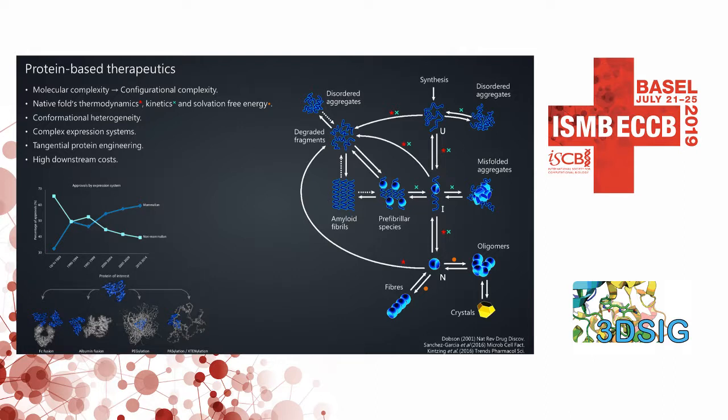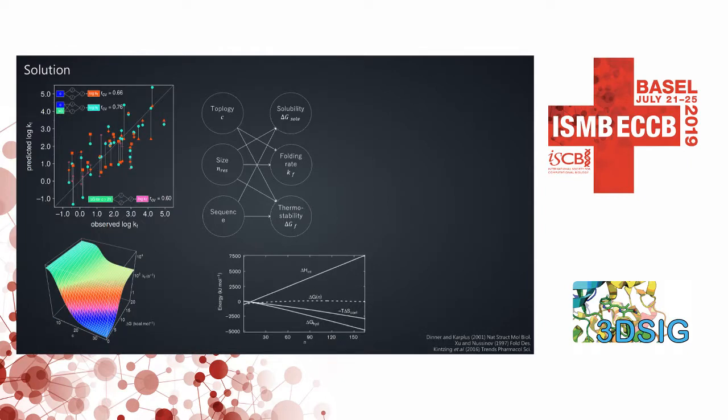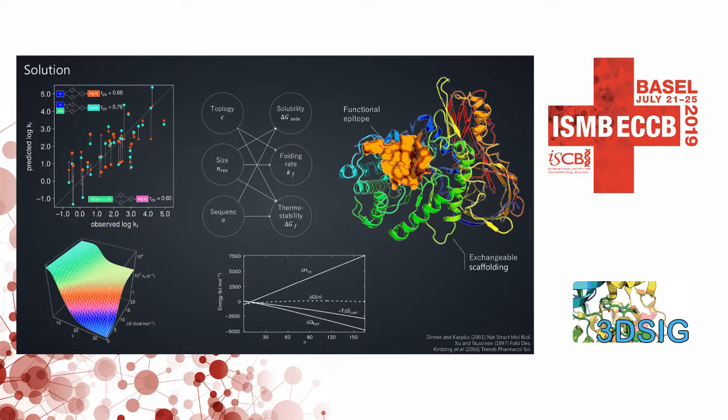For example, even things like pegylation, Fc fusions, and extenuations are all adding to the complexity of the molecules but not simplifying them.